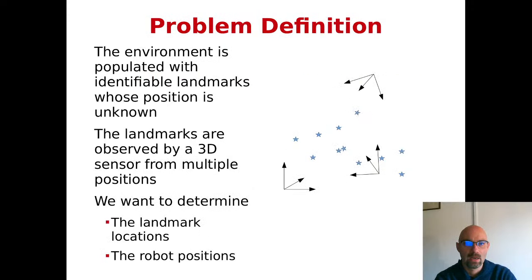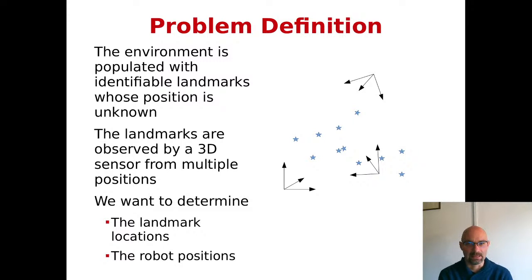Okay. So the game is as follows: we have a certain number of identifiable still landmarks, but now we might also have guessed how to solve the problem, or how to approach the problem in case of wrong correspondences.